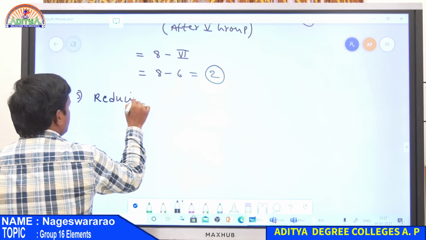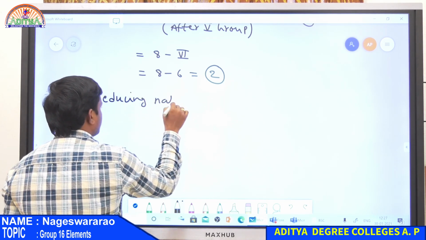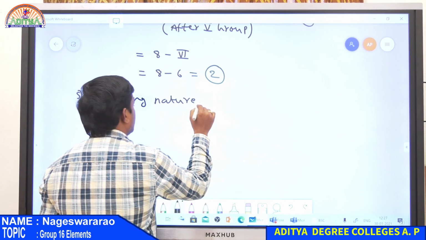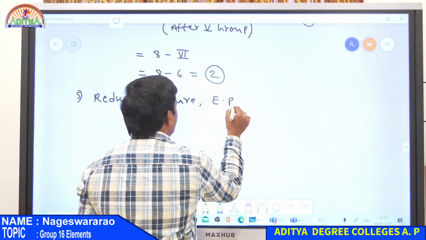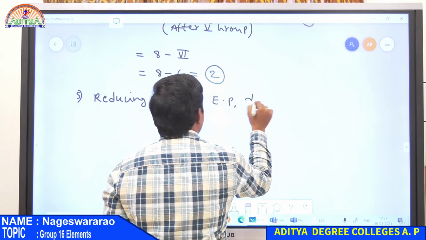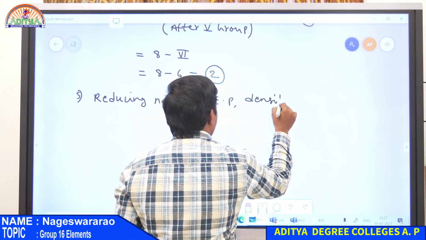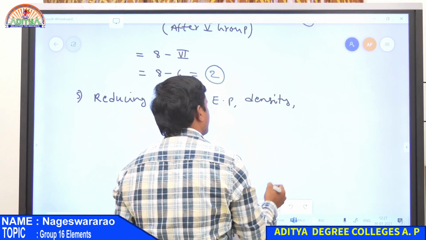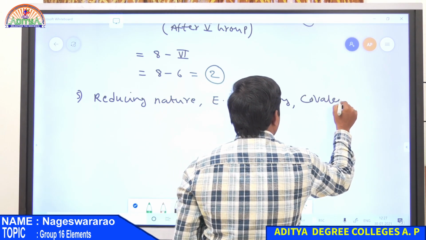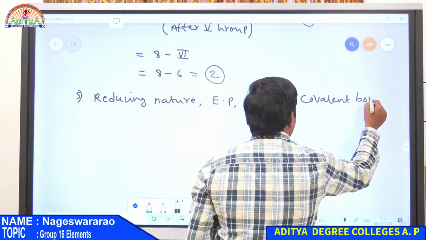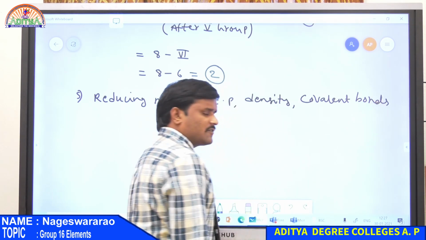Reducing nature, and then the remaining properties: electropositivity, density, and also formation of covalent bonds. So all these are physical properties.